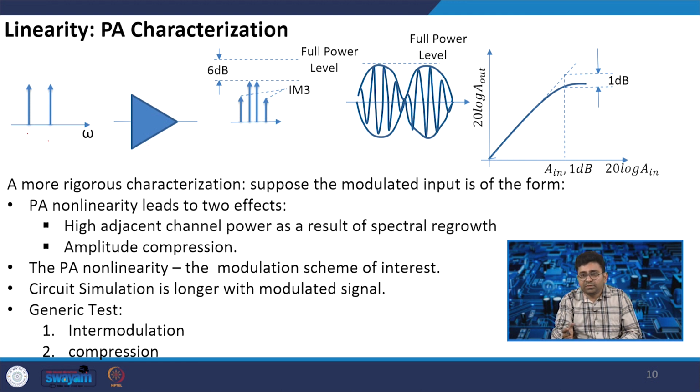It should be used backed off in power, in the linear range, so that it will not experience too much compression. So, when we try to design the power amplifier, we need to ensure the linearity by testing intermodulation and compression.